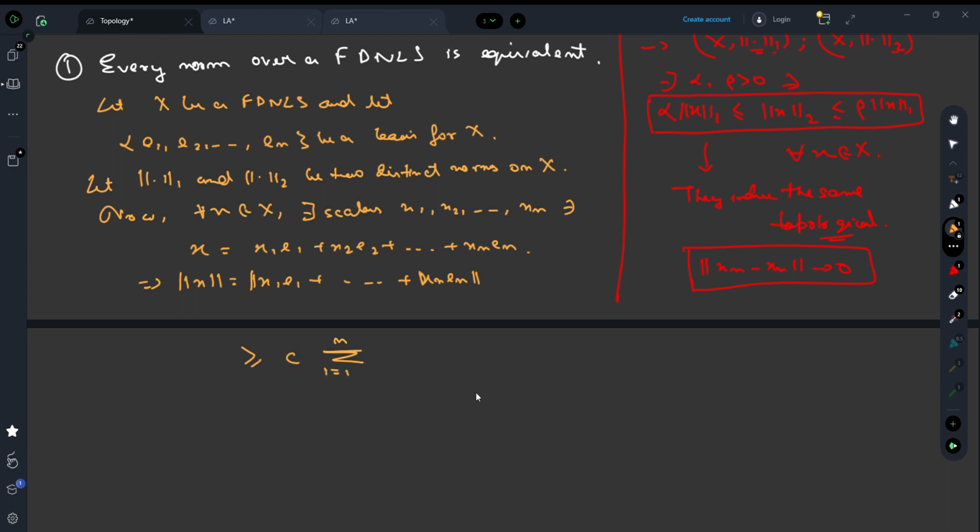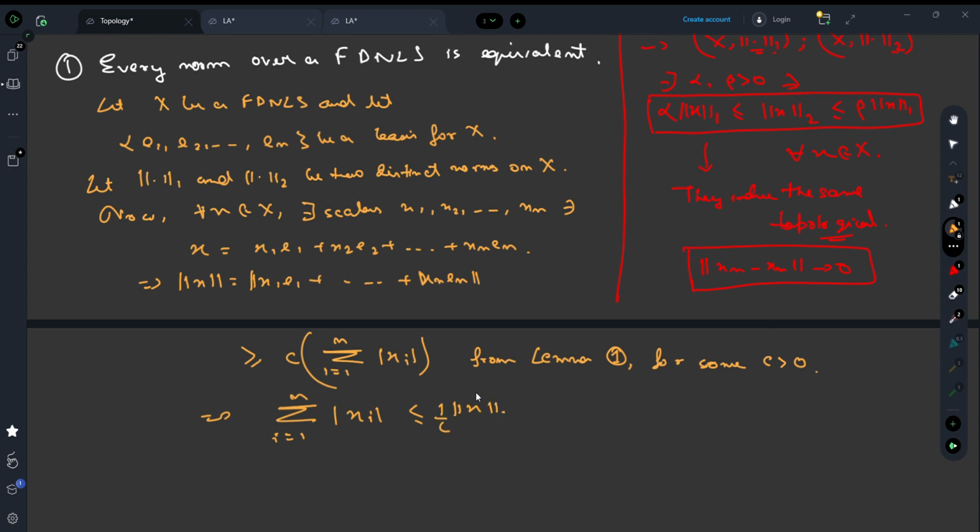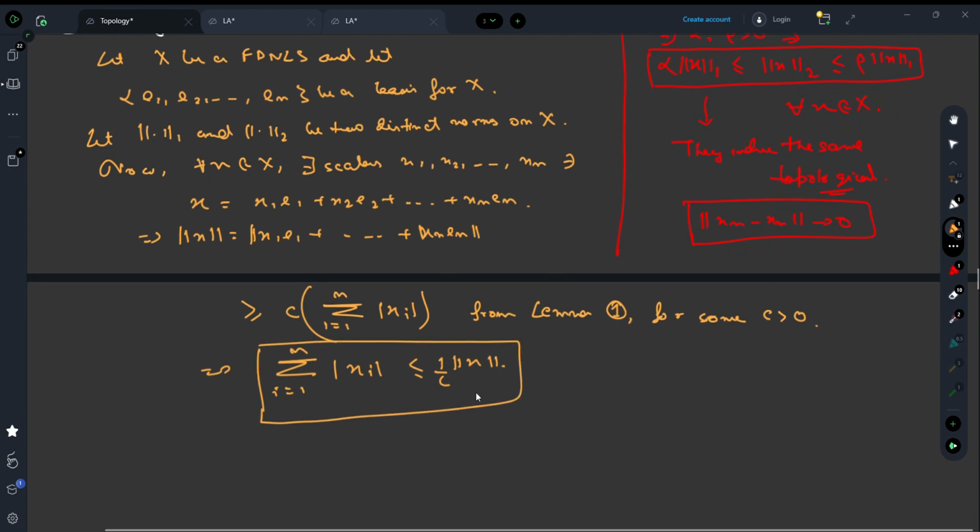So this can be treated as greater than or equal to c times the summation i equals 1 to n of mod of xi, from lemma 1, for some c greater than 0. Clear? So from here we can say that the summation i equals 1 to n of mod of xi is less than or equal to 1 by c times norm x.